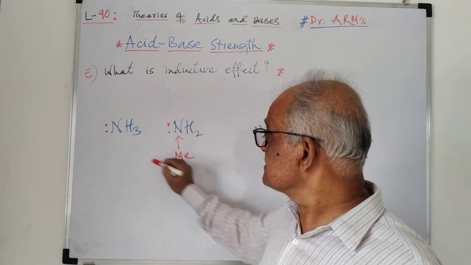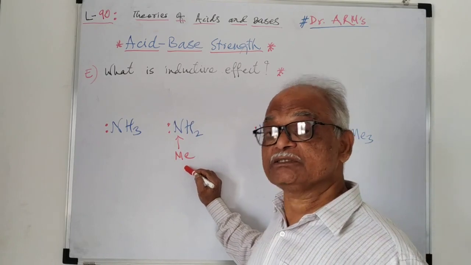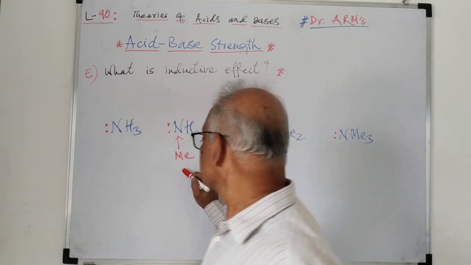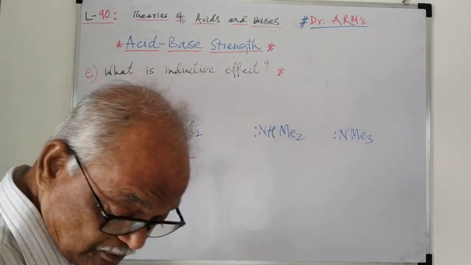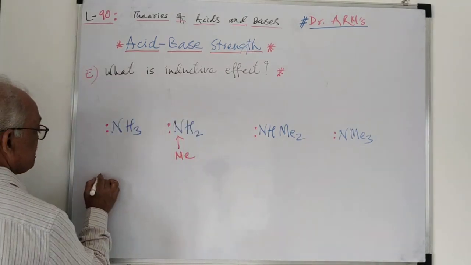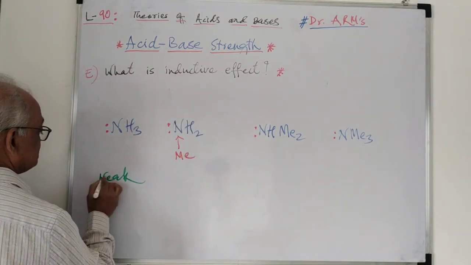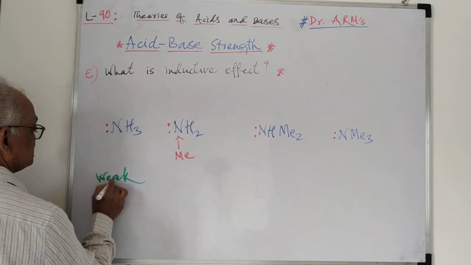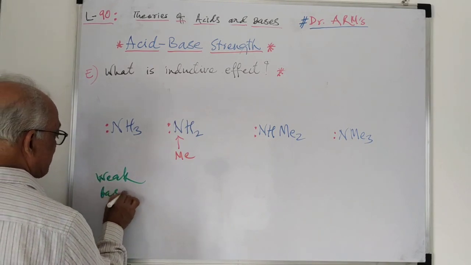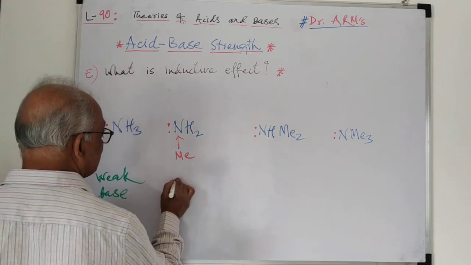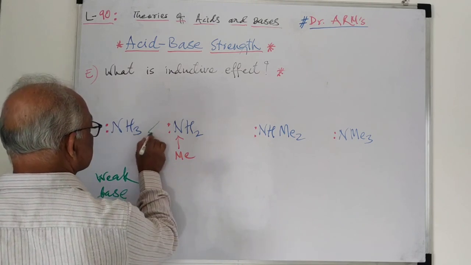So compared to this, it becomes a stronger Lewis base. This is a weak base, and this is a relatively stronger base.